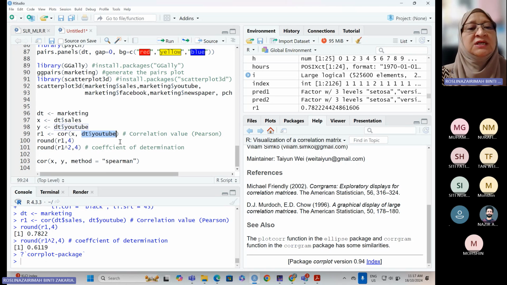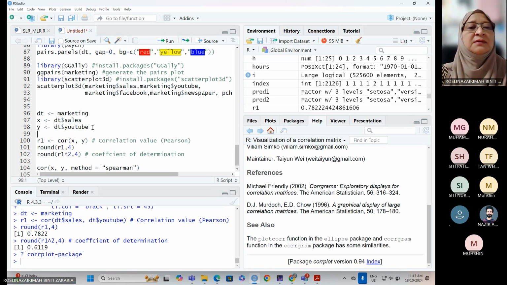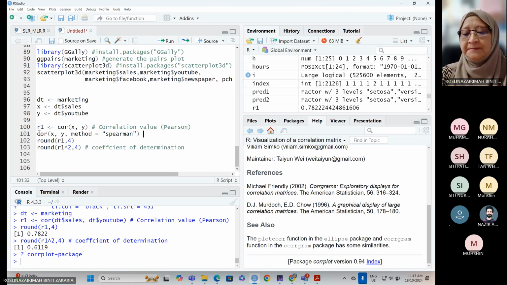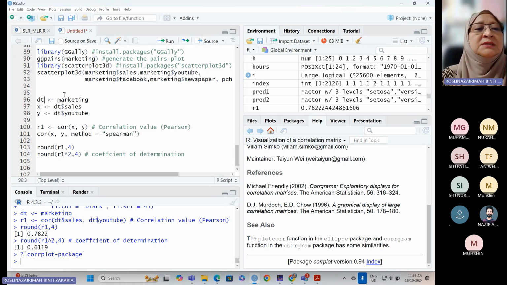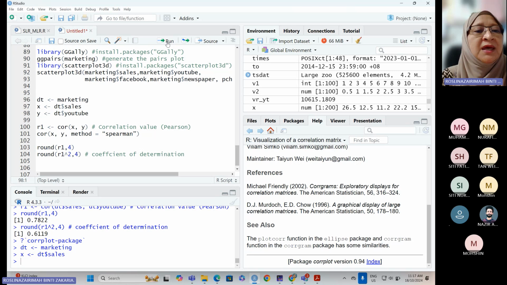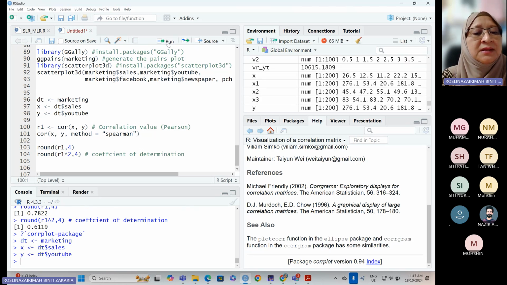Just change at the top here. This is Pearson by default. If you want it to be Spearman, we just write method Spearman. I renamed my DT sales into X and my DT YouTube into Y.